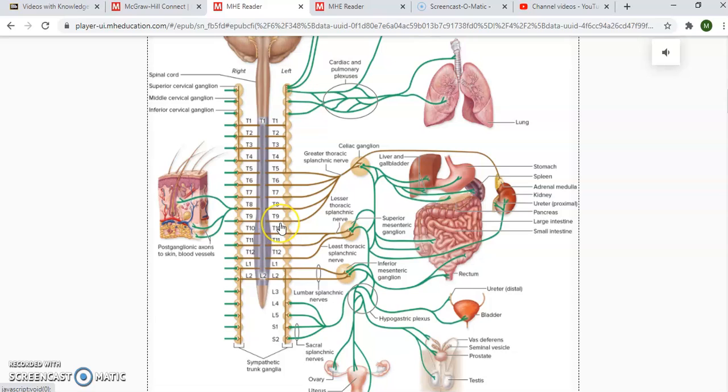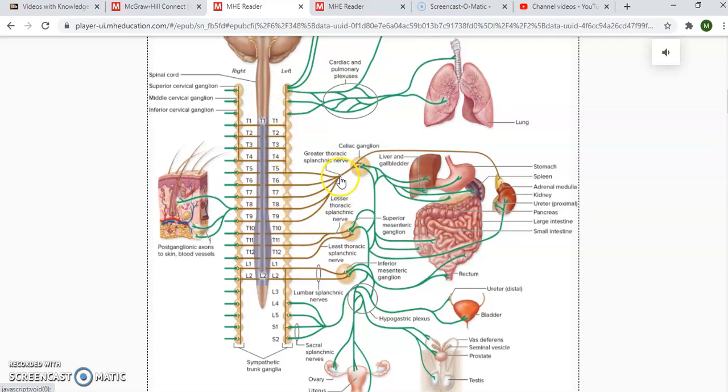So if you go back here and look at our preganglionic motor neurons, you'll notice that a lot of them will synapse in the ganglion, and they might synapse here, or they might synapse there. But you'll notice that the preganglionic motor neuron going to the adrenal glands is very, very long. That's a difference, because we said before, most of them are very short preganglionic motor neurons.